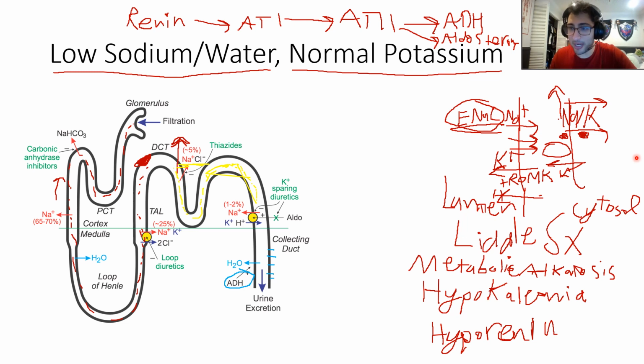So we can see that the body has a built-in mechanism in states of low sodium and low water to sort of preserve potassium. Now, if this happens for a really long time, you can override this balance. Also, I want you to just think about what would happen if you were to use a loop diuretic. Remember, this is a major site of salt reabsorption, all right?